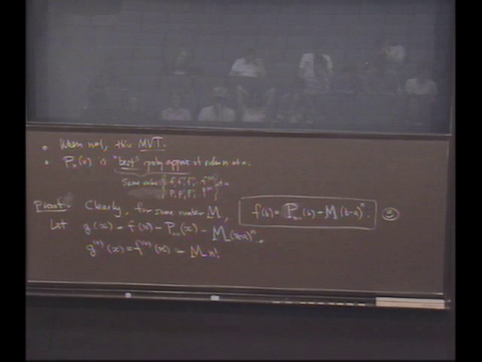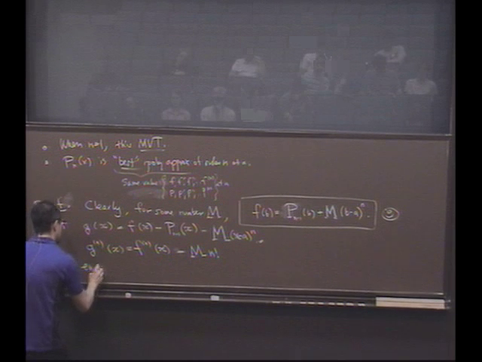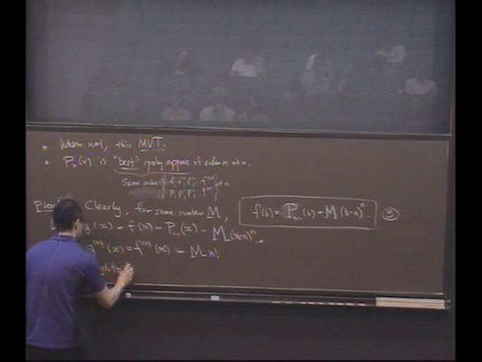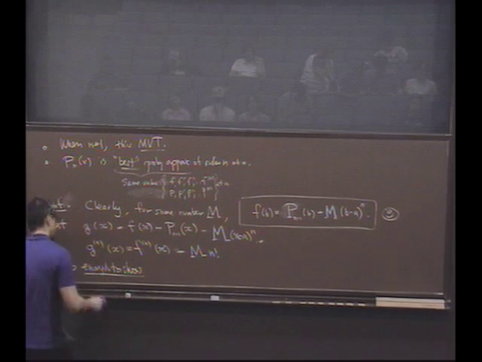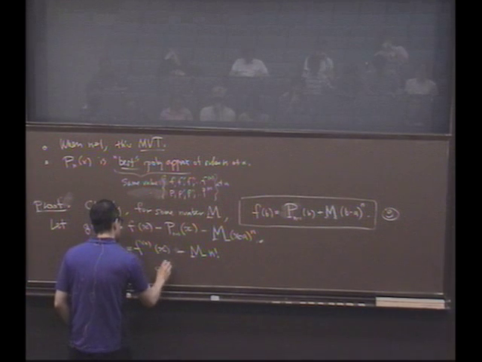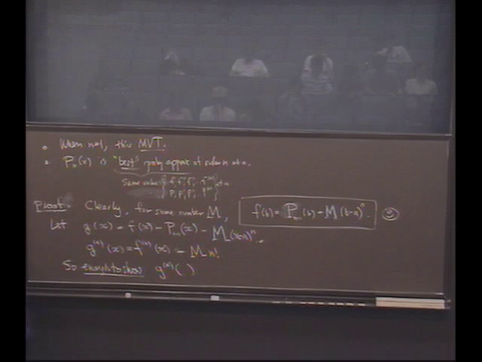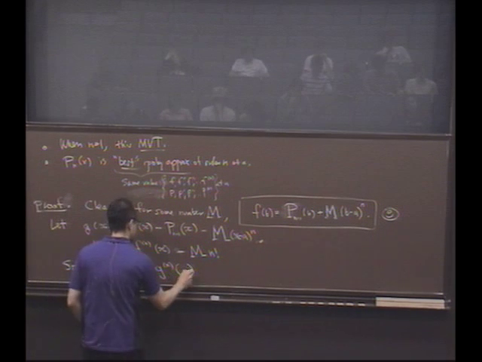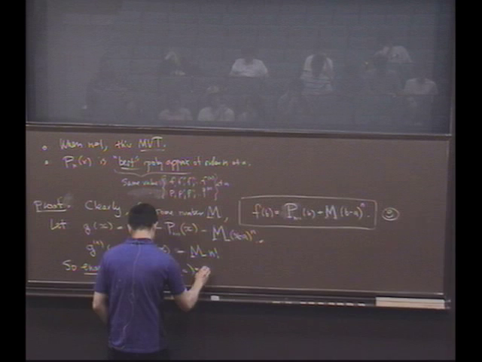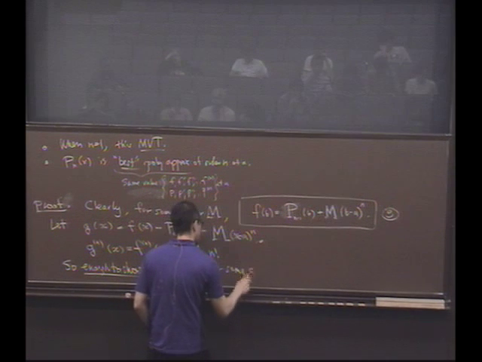And what I claim then is it's enough to show, what I'm trying to do is, will certainly be enough to show that g sub n of some point c is 0 for some c in between a and b.